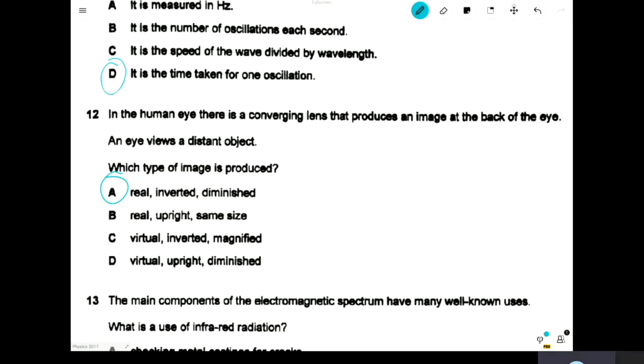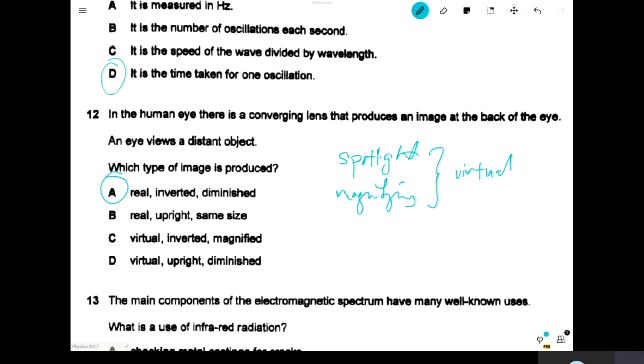Okay, virtual is the spotlight and the magnifying glass. These are virtual. The rest are all real.